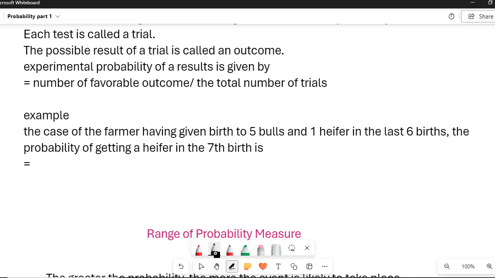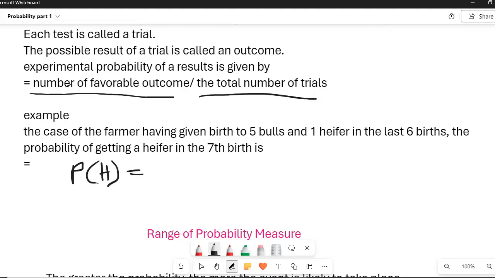We have said that probability is given by the number of favorable outcomes divided by the total number of trials. In our case, we want the probability of getting a heifer, let's say P(H).